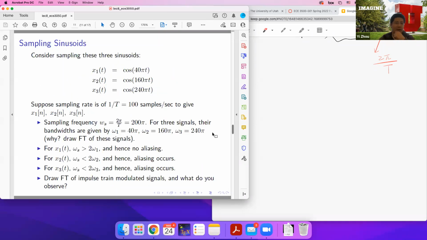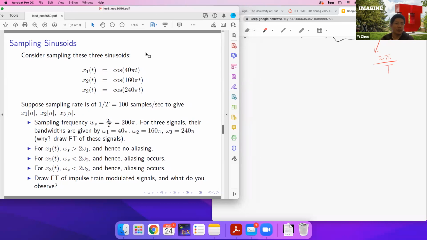And let's look at this very important example, which is a bunch of sinusoidal signals, and we can have a more intuitive understanding of this Nyquist sampling. In this example, let's do a sampling on 3 different signals, X1, X2, and X3.